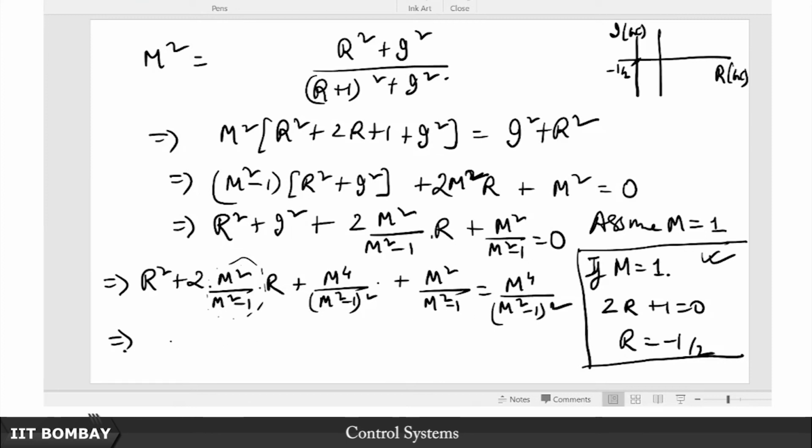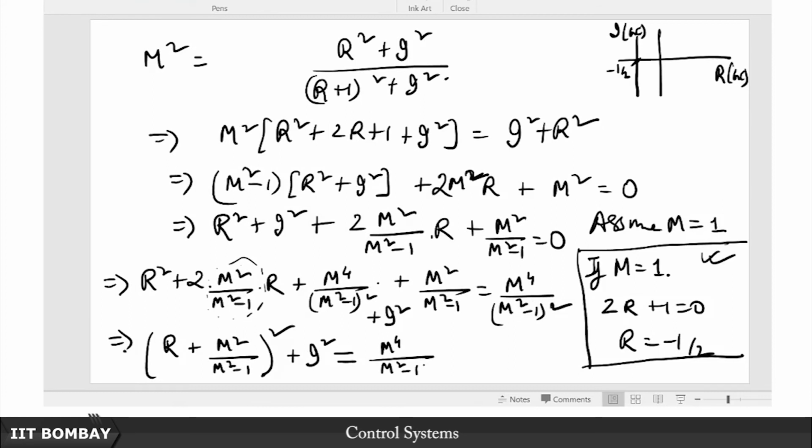So that means we have r plus m squared upon m squared minus 1, I hope I am not making a mistake, plus, okay, there is a plus I squared missing, I can already see that. So this is plus I squared is equal to m to the power 4 upon m squared minus 1 whole squared minus m squared upon m squared minus 1.